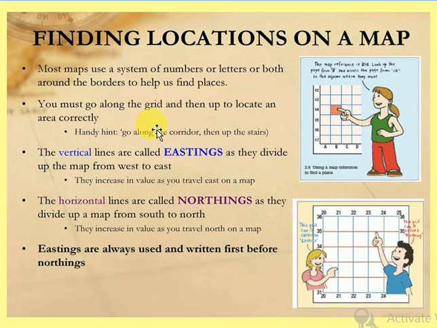You will find it in the form of degrees or in directions north, south, east, west. You must go along the grid and then up to locate an area correctly. So you have to be careful about the grid. Grids are very important to find the exact location.